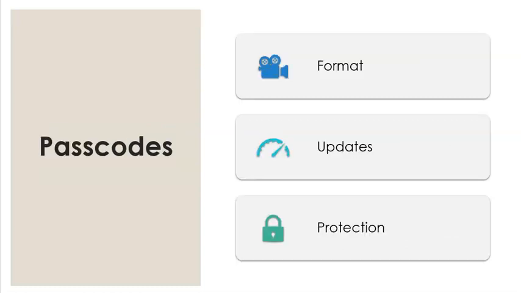Next up, passcodes. As it relates to passcodes, and this is something that we all are aware of, it's important that the format be a particular length. It's a combination of letters and numbers that make no sense. Doesn't include any personal identification.